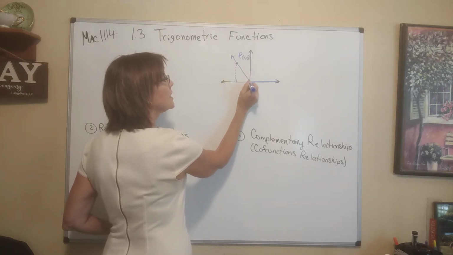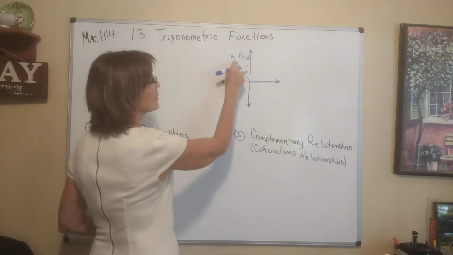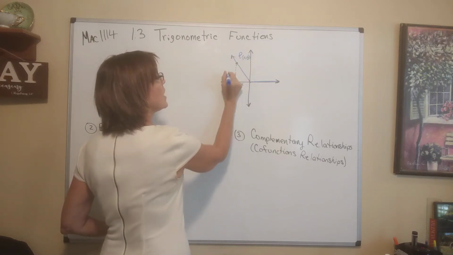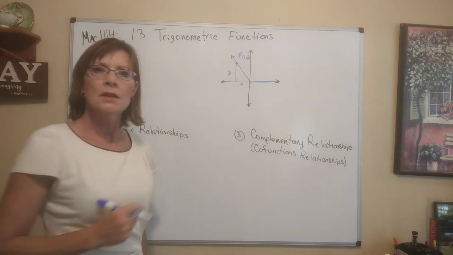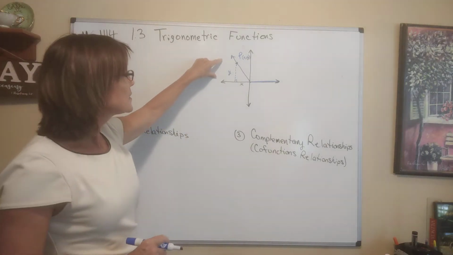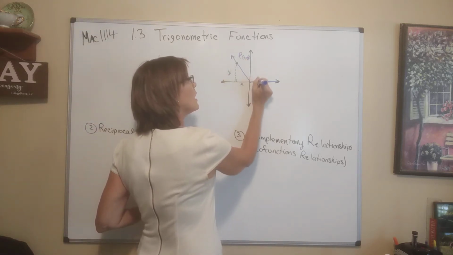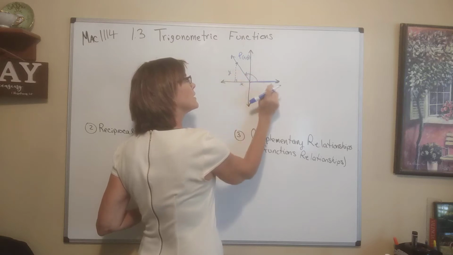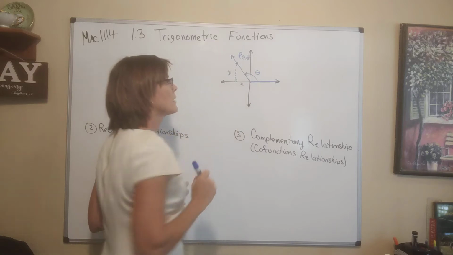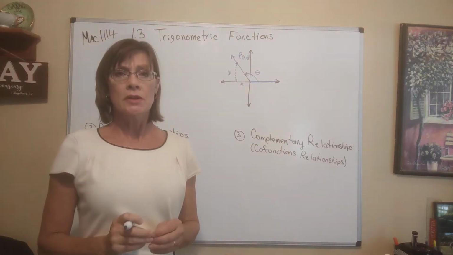The distance from here to here is x, because that's how far we had to go to get to that point P. And the distance from here to here is y, because y is the y coordinate for P. So this is what we have: the initial side here, the terminal side here, an angle theta. I'm about to define the 6 trigonometric functions.